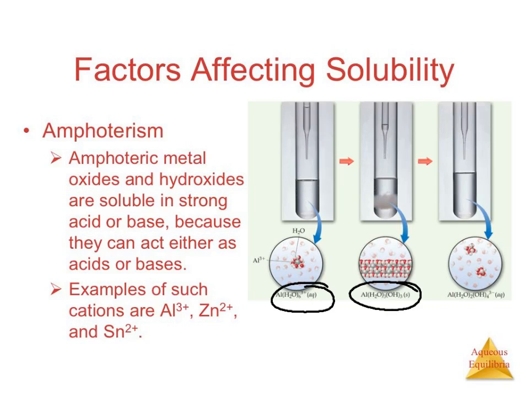But if you keep adding OH minus, then it can shift back, and you end up with this complex right here, which now has 4 OH minuses and just 2 H2Os. And at that point, it redissolves. Okay?